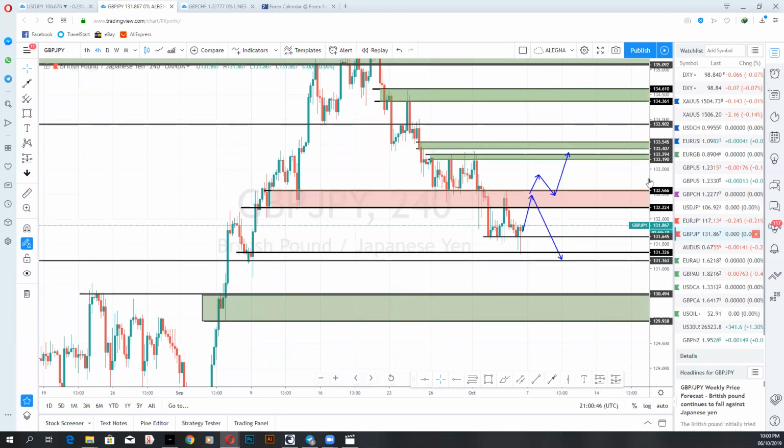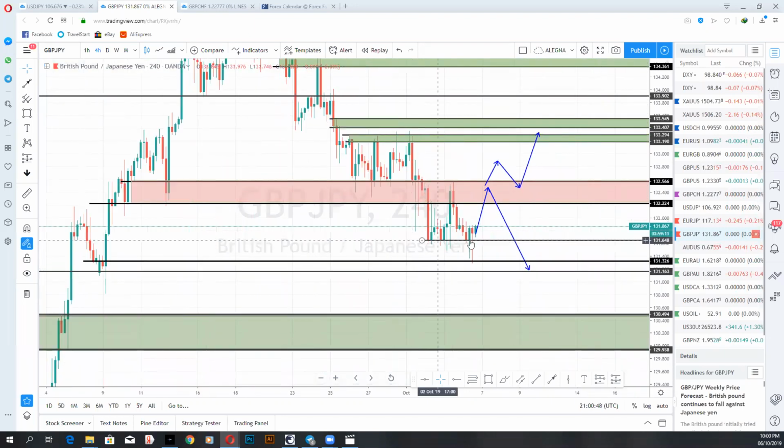Okay, so looking at this pair now, it's holding support here. Severally they refuse to close below it; even when they went below it, they closed back above it. So there is a potential it might run up into this area for a second test. If this area holds as a second test, then it might come down.